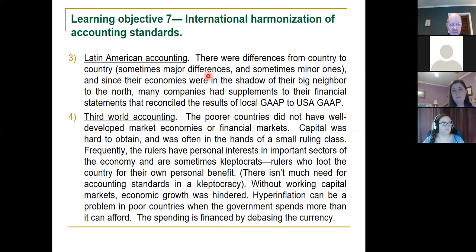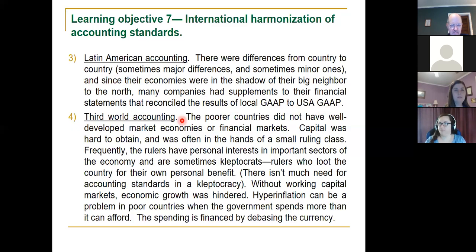Latin American accounting. There were differences from country to country, sometimes major differences, sometimes minor ones. And since their economies were in the shadow of their big neighbor to the north, many companies had supplements to their financial statements that reconciled the results of local GAAP to USA GAAP.